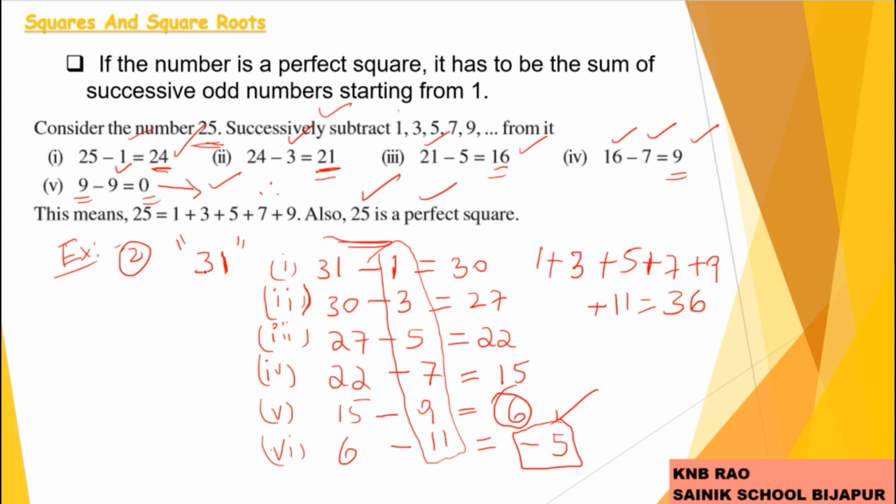If I subtract 6 from 31, it becomes a perfect square, that is 25. If I add 5 to 31, it becomes a perfect square, that is 36. And mainly we can say 31 is not a perfect square, as the sum of the first 6 odd numbers is not 31. This is one of the important usages of this pattern.